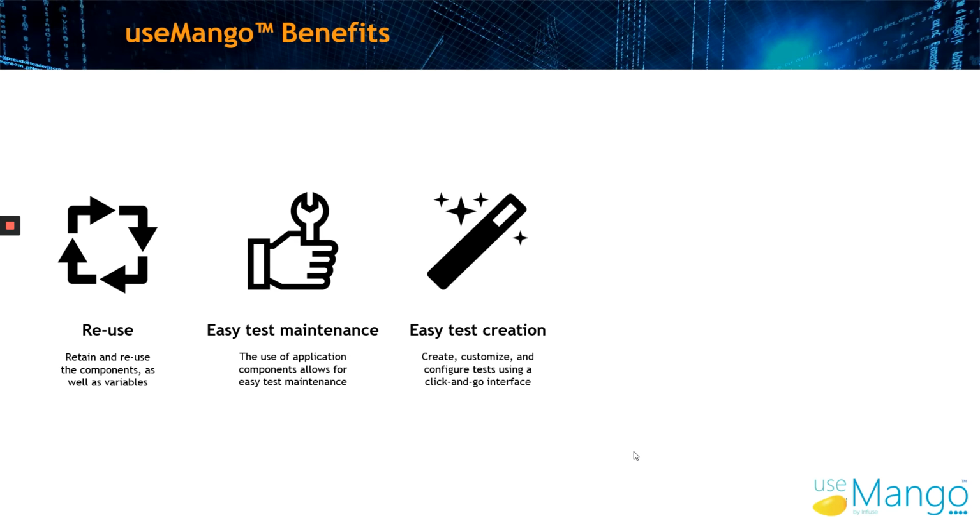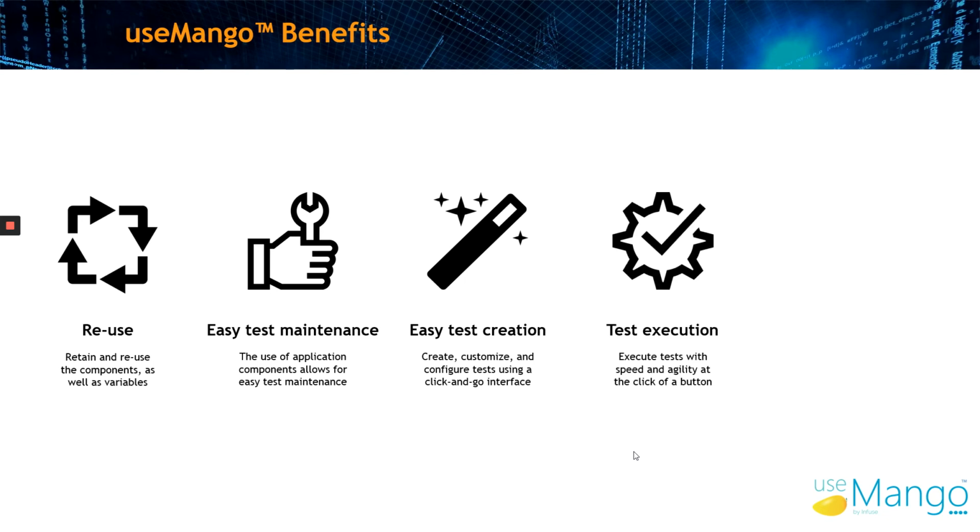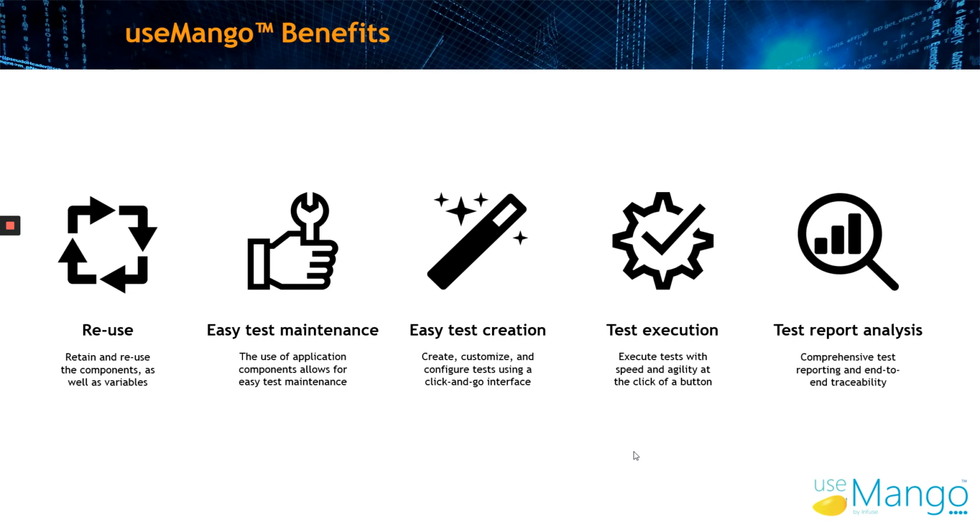Easy test creation. We think useMango is one of the easiest tools to use. We do use, as I have explained, a lot of scripting and programming underneath. We want to use an easy to use screen over the top of that so users are comfortable with creating tests. Obviously, execution of the test is important, and we want to be able to easily support that, and we have features for that as well. And having run the test, we then need to be able to see the output and analyze what's going on.